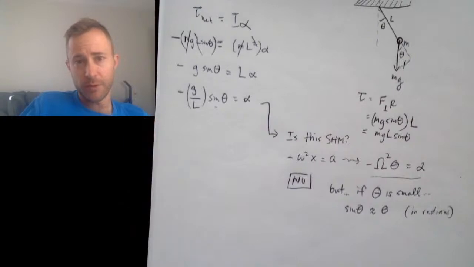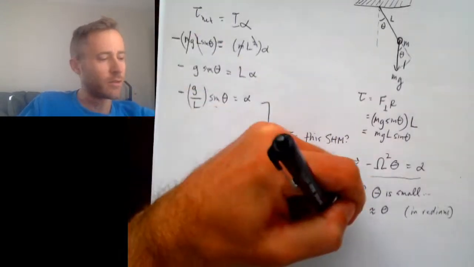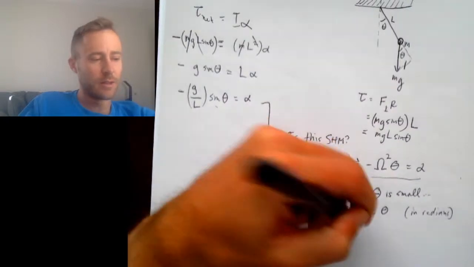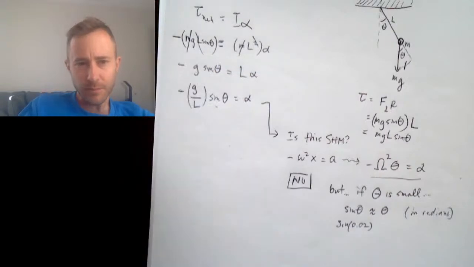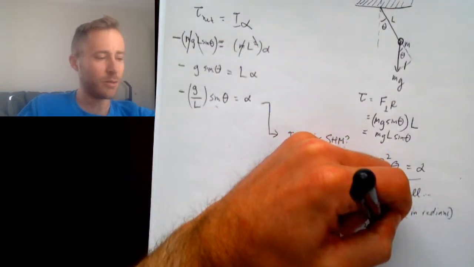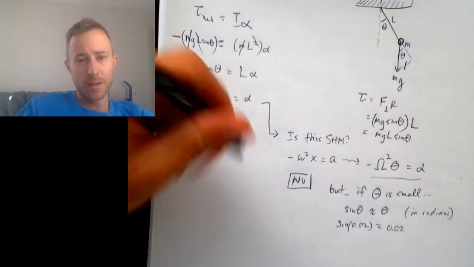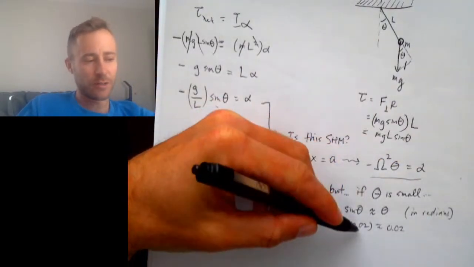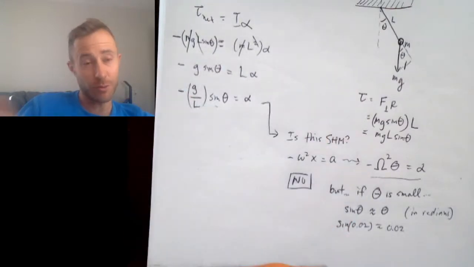So you can prove that for yourself. For example, if you plugged into your calculator sine of 0.02, it's going to almost be equal to 0.02. The smaller the angle gets, the closer this approximation becomes to a true equality.